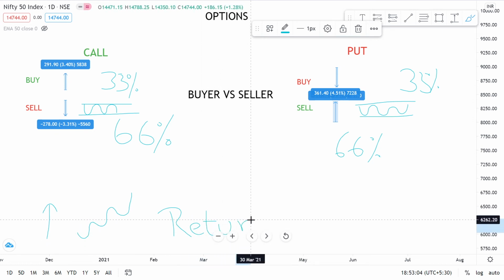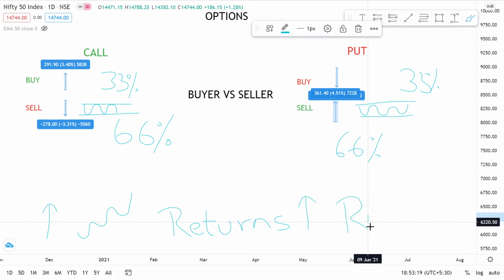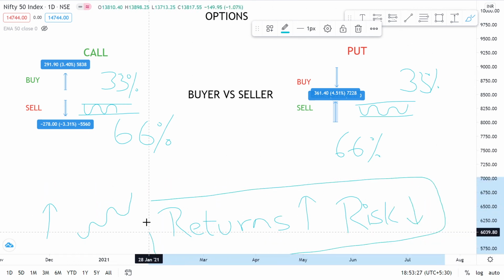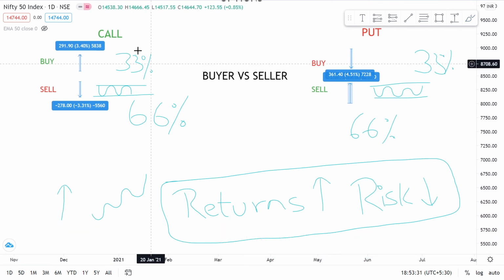Your returns can cross even 100%. It can go up to 200%, 300%. Sometimes option premiums jump from 10 rupees to 200 rupees in a matter of minutes. So your returns are very high. Similarly, your risk is low. So your risk to return would be very high in the case of option buying, but this comes at the cost of your probability, which is less.